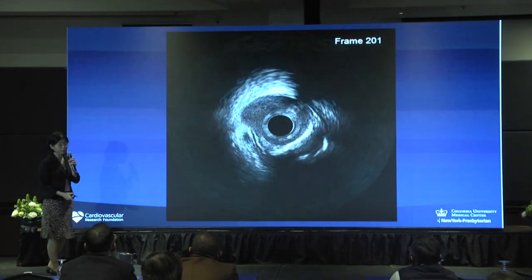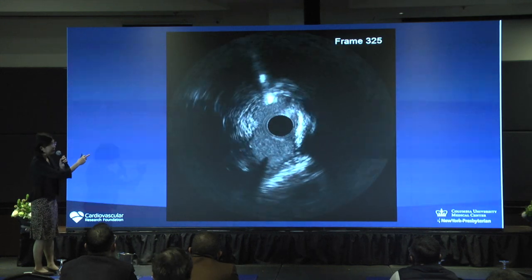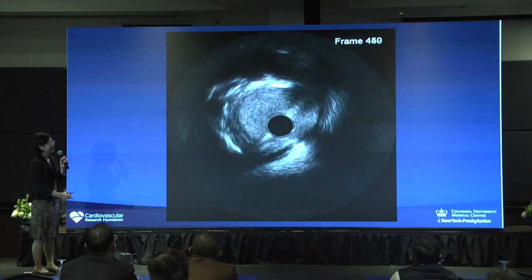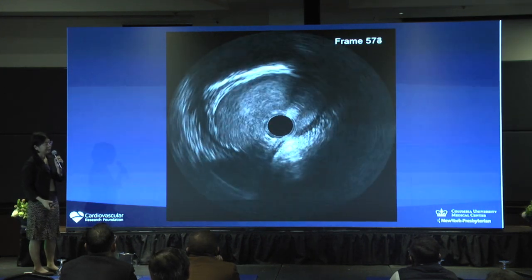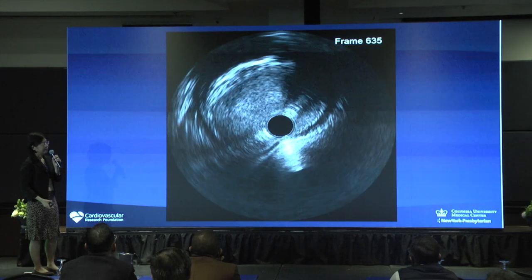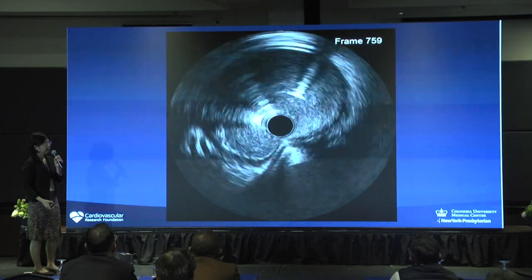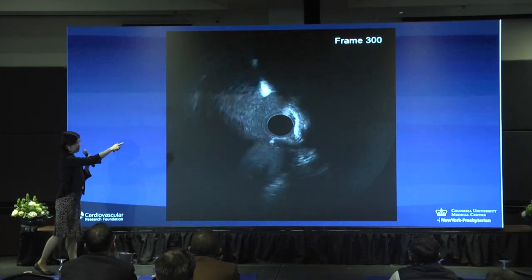And this is I pulled back from the LAD, circumflex, and this is a left main. And then coming back, and this is a proximal portion. Okay, come back one more. And this is the LAD, that's the circumflex.